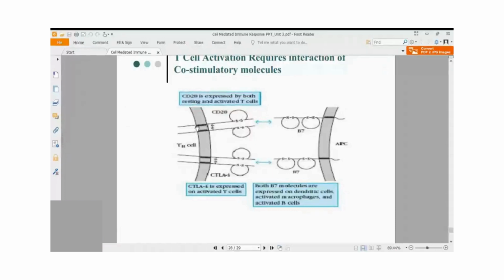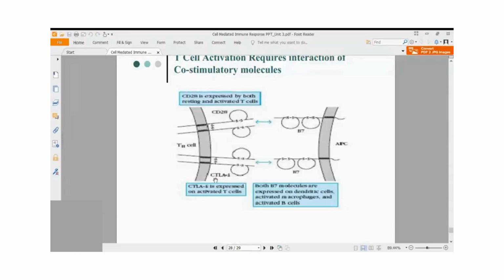Okay, then when the immunosuppression has to take place, another receptor is going to be expressed at the last stage of immune response to suppress the immune response, that is called as CTLA-4 on the TS.